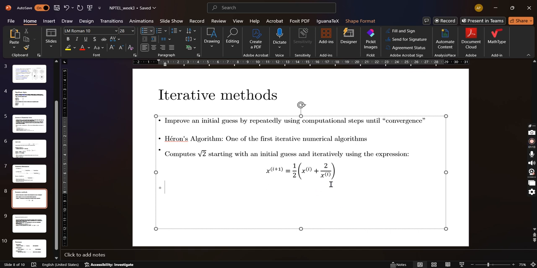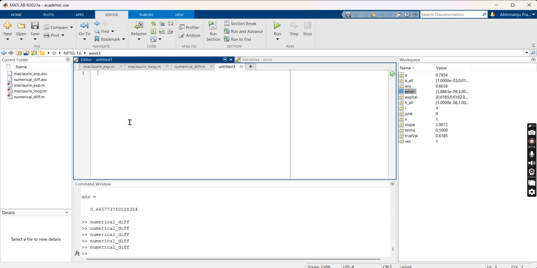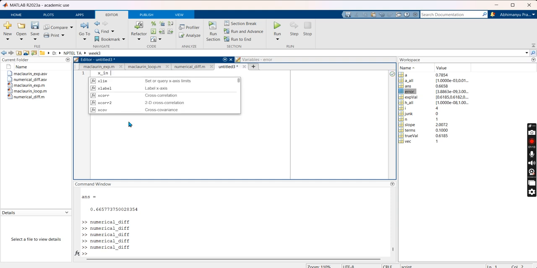If we try to code this, I just need an initial guess, so I will initialize my x to the value 1.